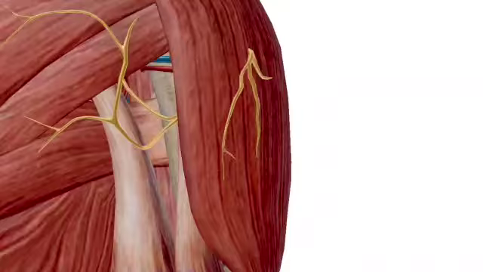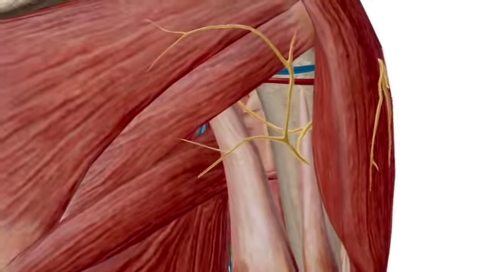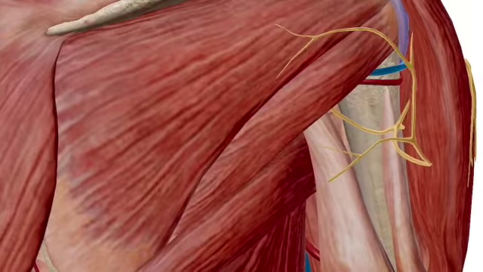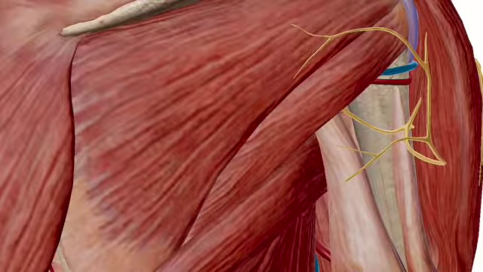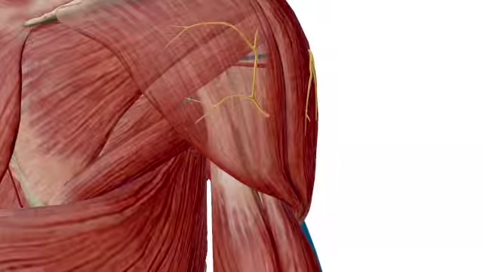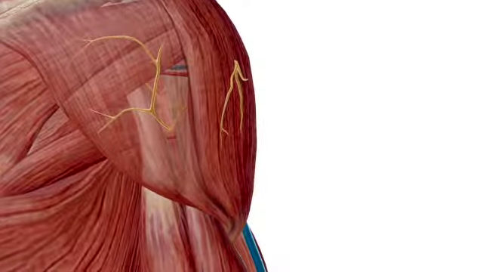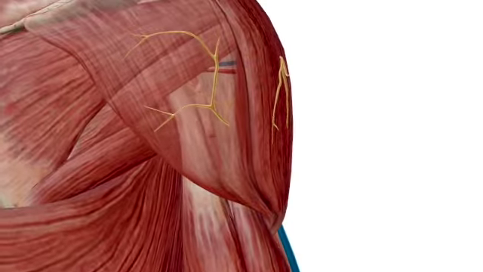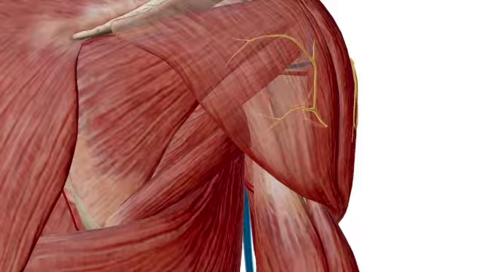Next, it runs on the surgical neck of the humerus, intimately close to the joint capsule. Through this course, the axillary nerve innervates the deltoid muscle and conveys the sensory information from this region through the superior lateral brachial cutaneous nerve.